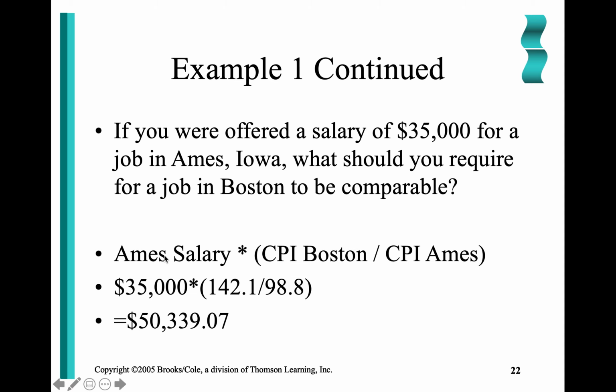So if I multiply the $35,000 by the ratio of those two indices, I see that if I wanted a $35,000 salary in Ames, Iowa, I would need exactly $50,339.07 in Boston. If I'm offered anything less than that, I'm actually making less money in terms of buying power than I would be in Iowa.